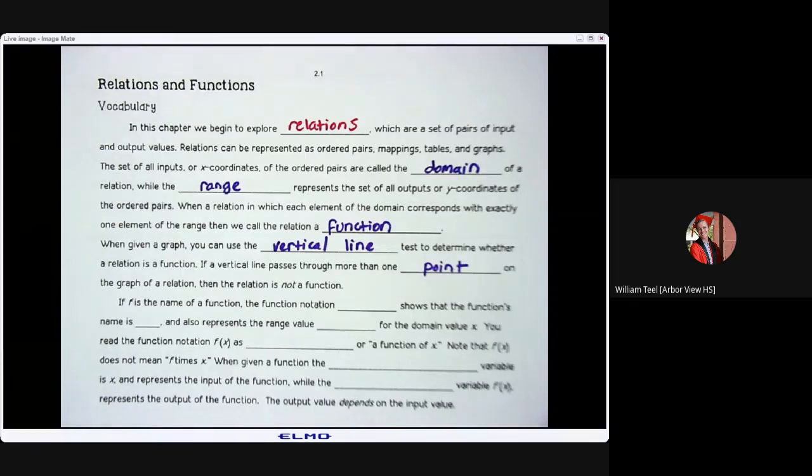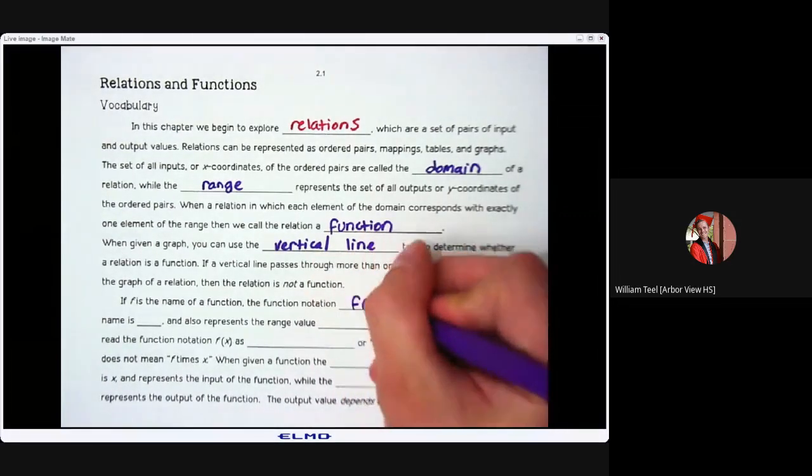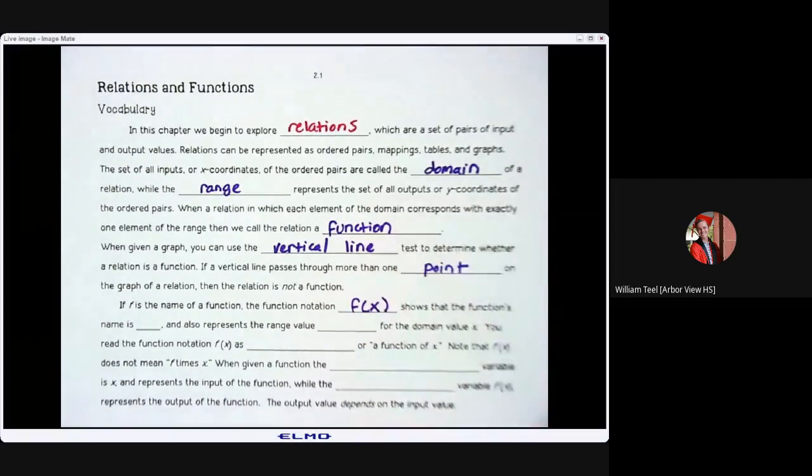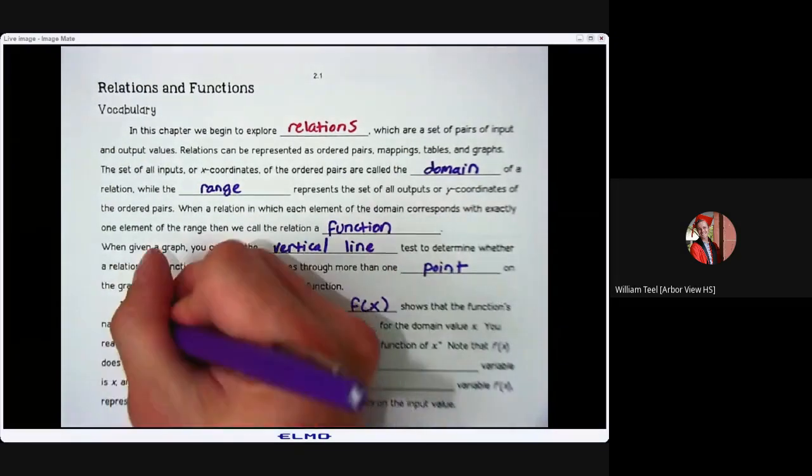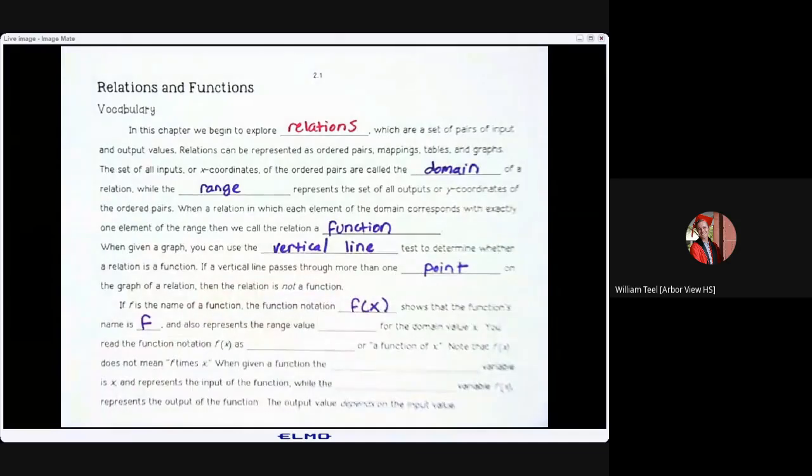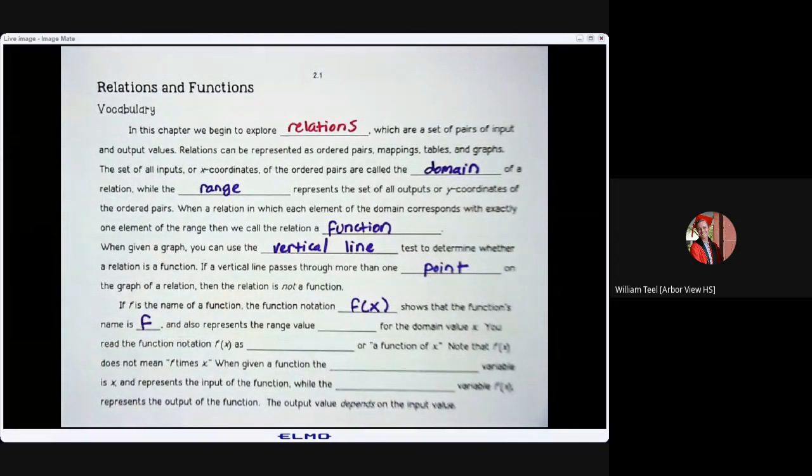So going down to where it says if f is the name of a function, the function notation f parentheses x, read f of x, shows the function's name is f. So if we have f of x, that means the function's name is f. If we have g of x, that means the function's name is g, and so on.